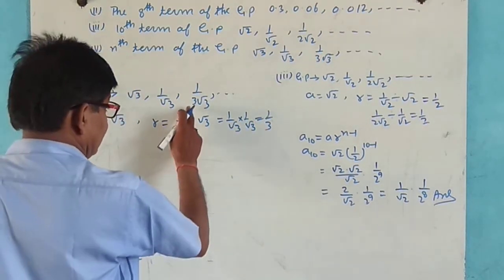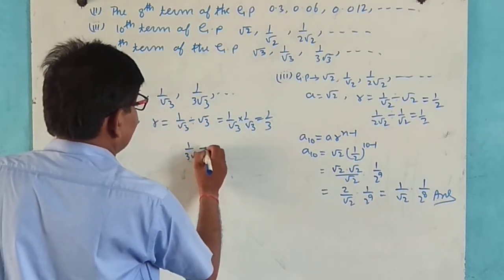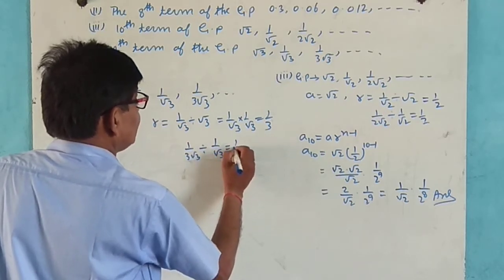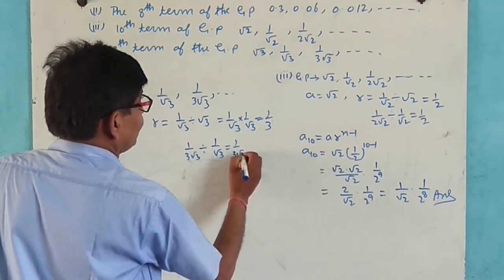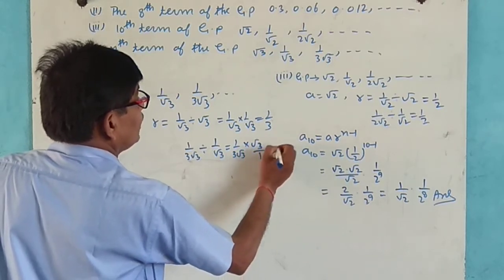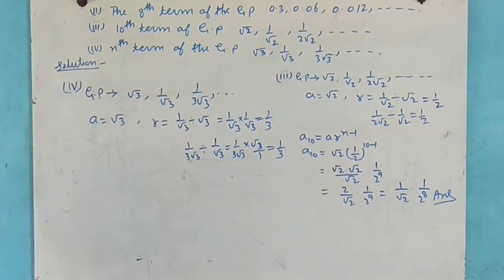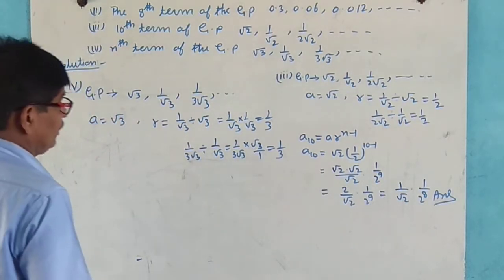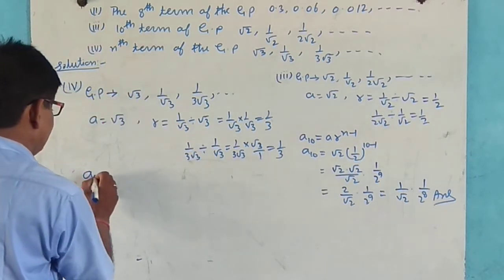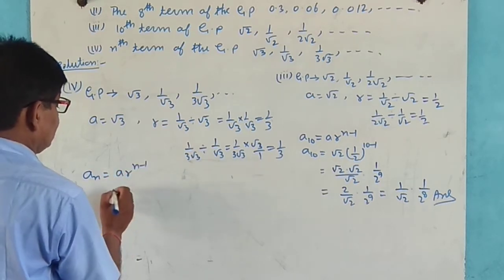Or we can say that dividing 1 by 3 root 3 by 1 by root 3 means 1 by 3 root 3 into root 3 by 1. This is 1 by 3. In this case, the common ratio is 1 by 3, and we calculate the nth term: an equals a r to the power n minus 1.